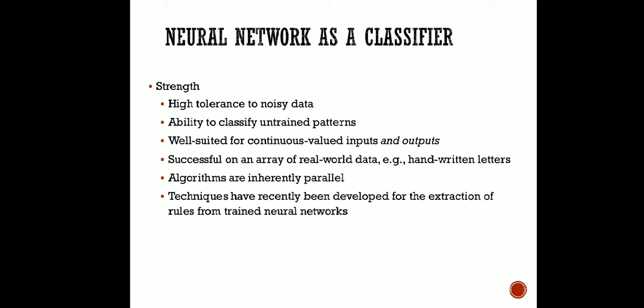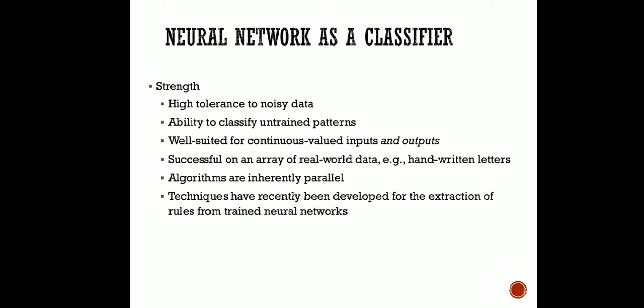Otherwise we cannot map it to these classifiers. But in a neural network, it is capable enough to handle both kinds of inputs, using the same network and the same algorithm for both types of data.